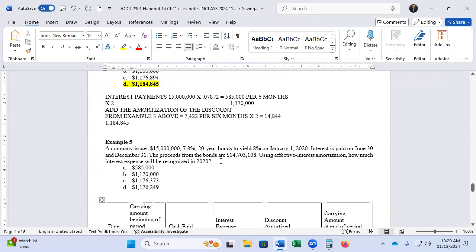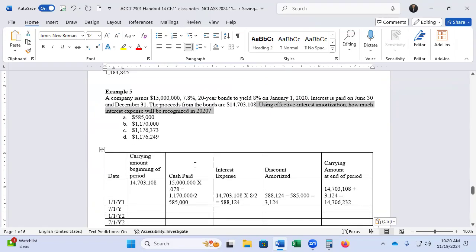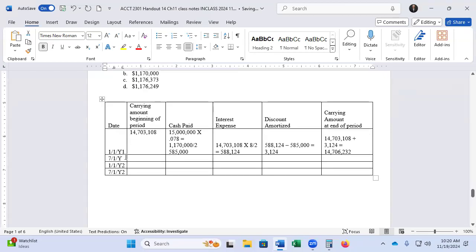Okay, example 5. It's the same information. It says using the effective interest amortization, how much interest will be recognized in 2020? So this is the first part of 2019. And so let's go ahead and finish up 2019, 14,706,232.